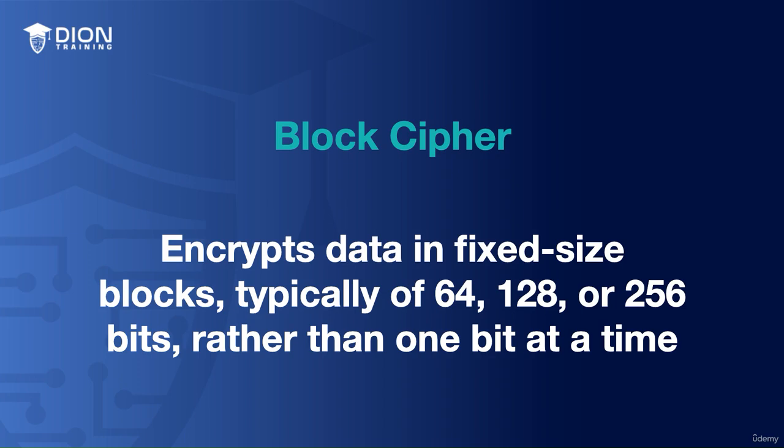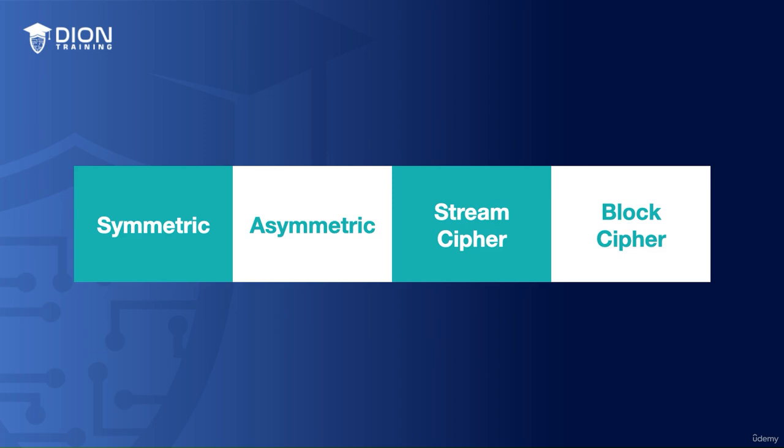A block cipher, on the other hand, is an encryption algorithm that encrypts data in fixed-size blocks that are typically sized as 64, 128, or 256 bits in a block, rather than doing 1 bit at a time. We can then use these basic categorizations of symmetric, asymmetric, stream, and block ciphers to be able to help group our different encryption technologies into these different categories for easier reference as we're working out in the field as cybersecurity professionals.